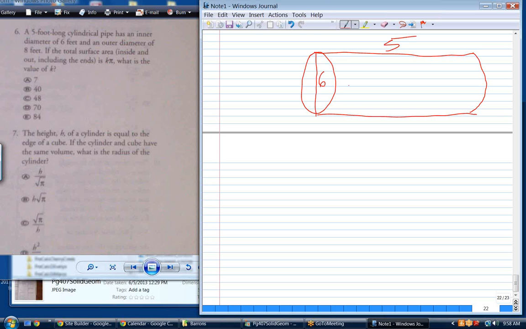Inside diameter of 6. So there's another edge to this pipe, and then that's the inside diameter. The outside diameter from here to here is 8. So it's a pipe that kind of has a thickness to the wall.